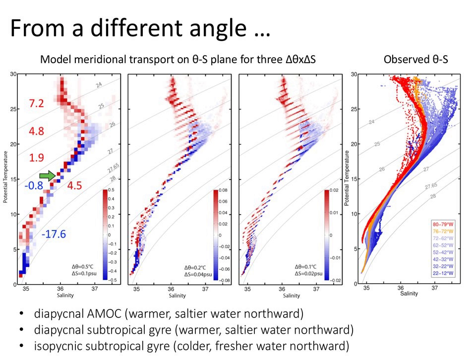And then finally, we have the isopycnic subtropical gyre. This will be seen better in transport evaluated with a smaller dθ dS. As you can see, if you look at the same isopycnals, the northward flow is cooler and fresher than the southward return flow.